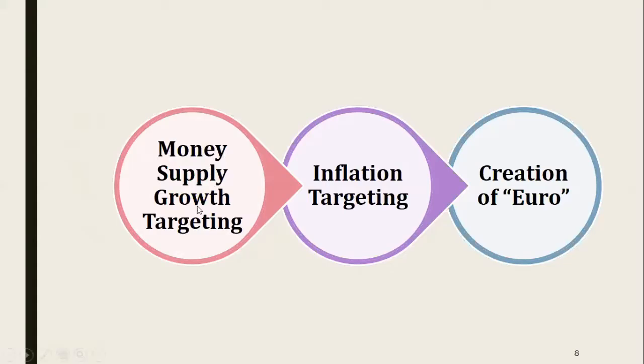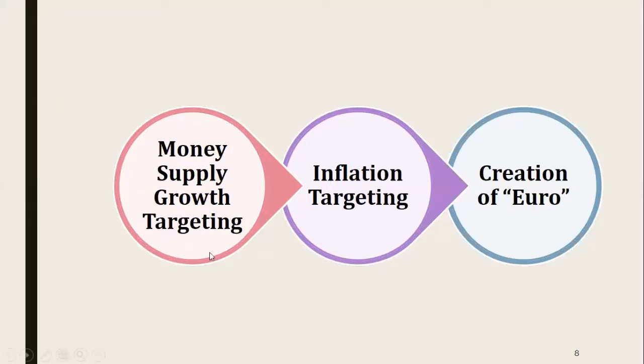But later, this regime was also abandoned because of the unstable relationship between money and real economic variables. Even though we say that when the money supply increases, inflation increases, with the advancement of the economy and some financial innovation, it later became more complex to identify the relationship between money and inflation, and money and other economic variables.